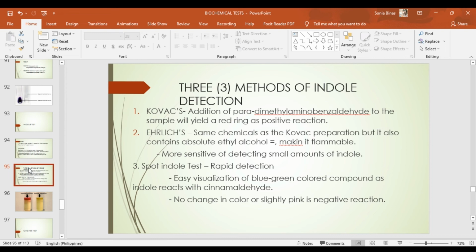So, sa indole test, meron tayong three kinds, or three methods. We have the Kovacs, Ehrlich, and the spot indole test. The spot indole test is for our rapid detection. It is for the easy visualization of a blue-green color compound as indole reacts with cinnamaldehyde.